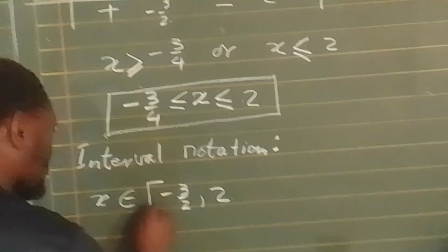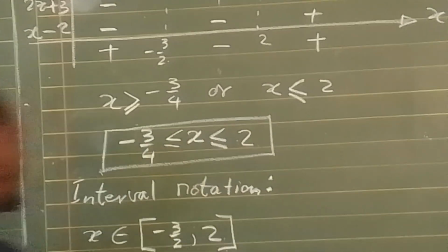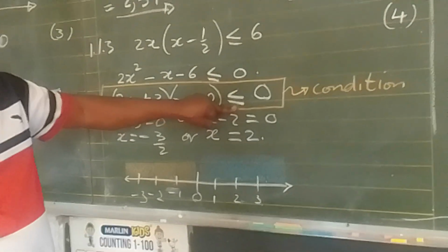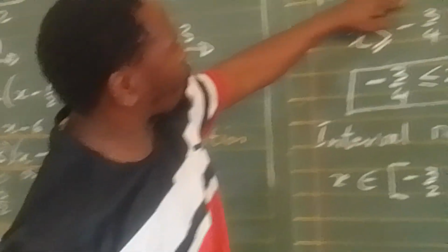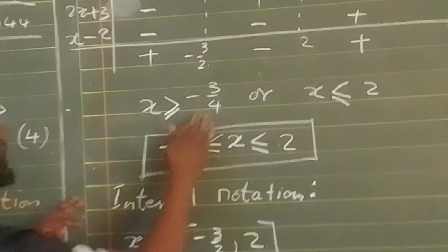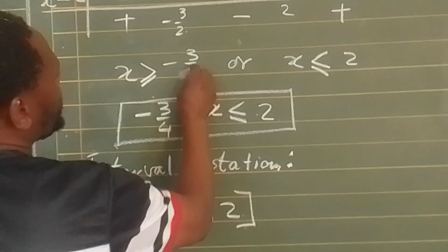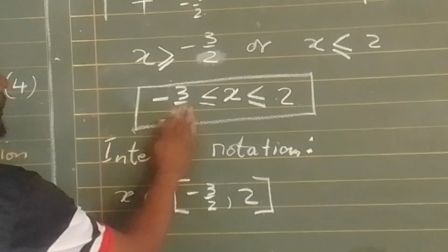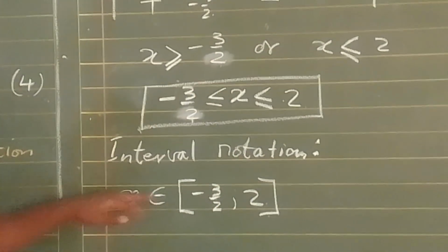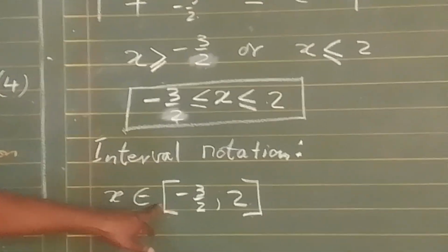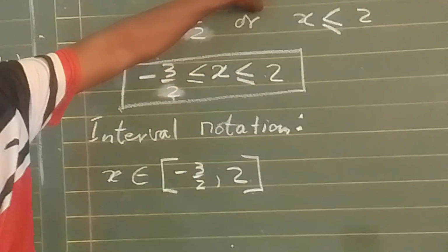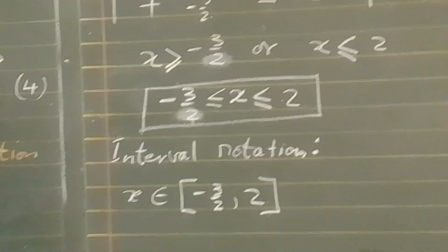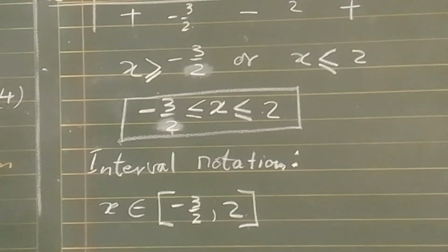That is inclusive. Why do we include that? Because of the sign. So x must be the element of minus 3 over 2 and 2. Only this part qualifies.